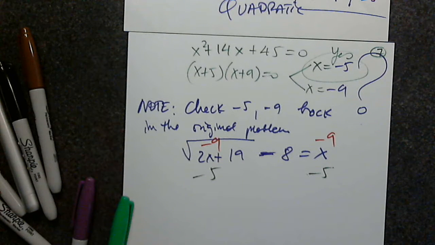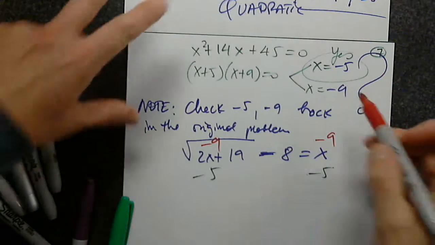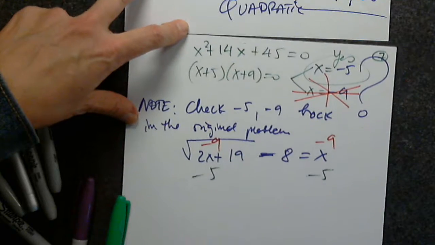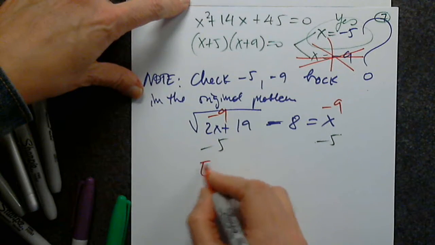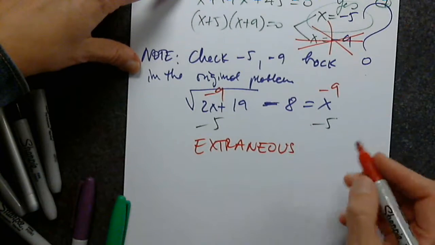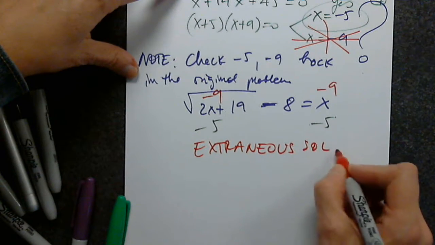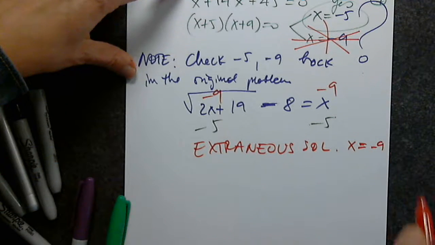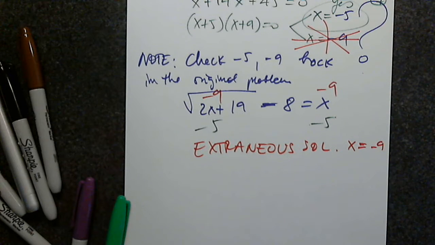Is minus 7 the same as negative 9? No. Which means this solution is not acceptable, and it's called extraneous. You don't have to remember the name if you don't want to. Extraneous solution. So x equals negative 9 is a byproduct. It works in the other equations, but not in the original problem. Therefore, it must be excluded.